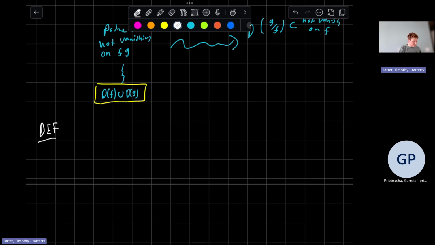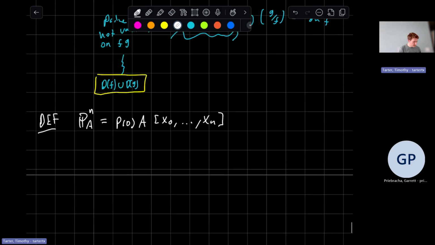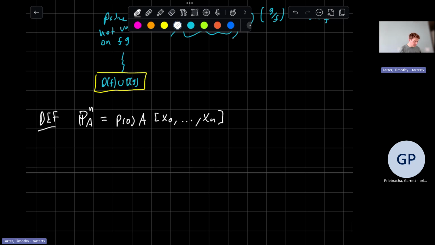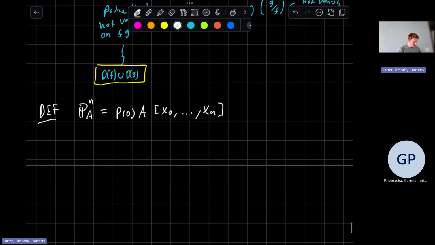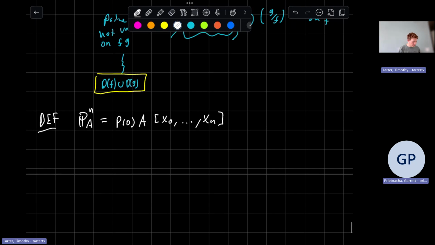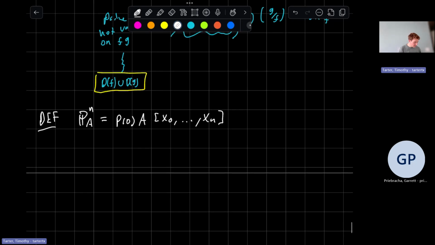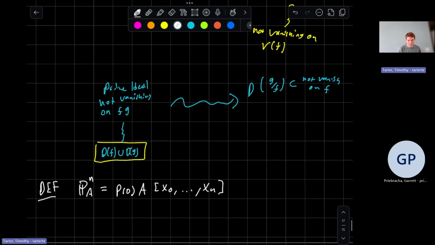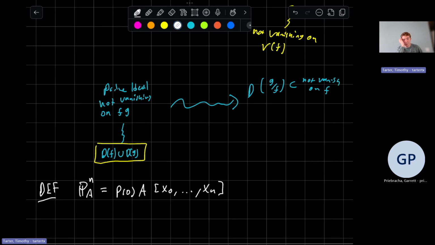So we will redefine projective space over a ring A by P^n of A is Proj A[x_0 through x_n]. Here there is no messy gluing or special choice of patches like there was, I think, 2 lectures ago. The x_0 through x_n are projective coordinates, and it works the way we've done computations in the past.